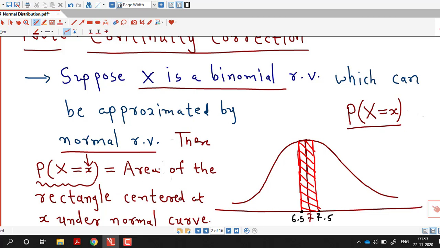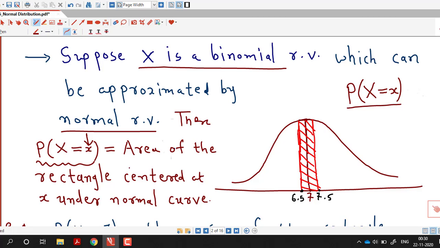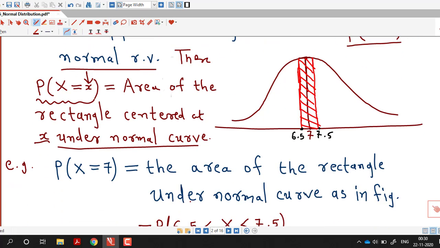this probability as the area of the rectangle with center x under the normal curve. For example, suppose I want to calculate the probability that X = 7, then I will consider the rectangle with center X = 7 over the interval 6.5 to 7.5.